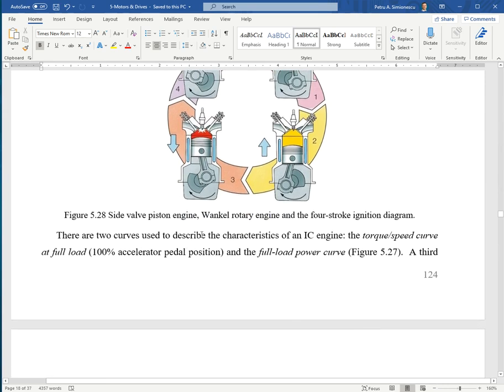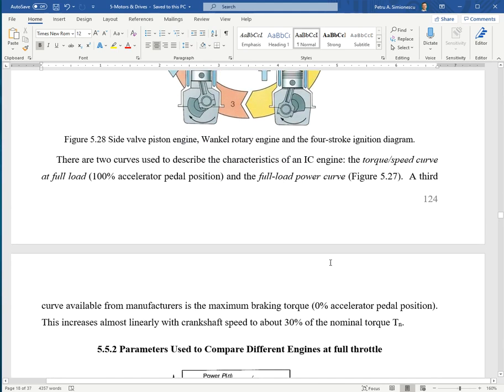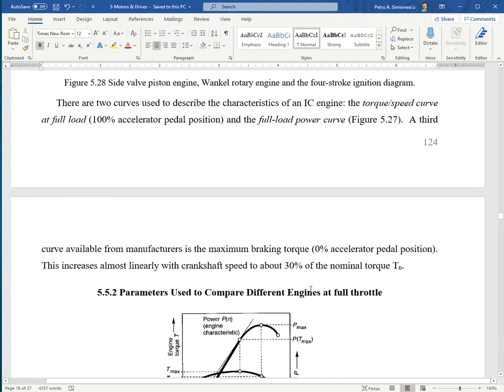Again, when selecting an engine, you look at the torque speed curves for full throttle and the full load power curve, and there are some other diagrams available to judge their fuel efficiency, the onion diagrams.